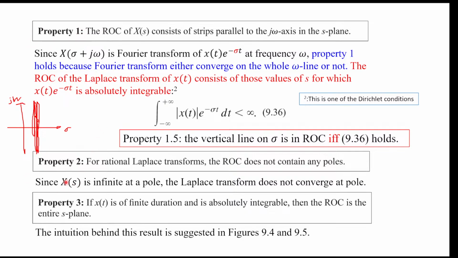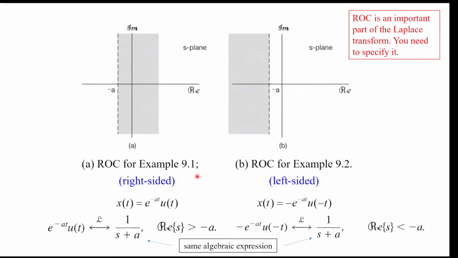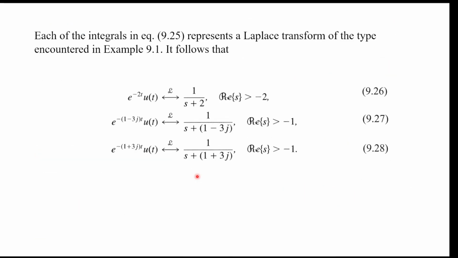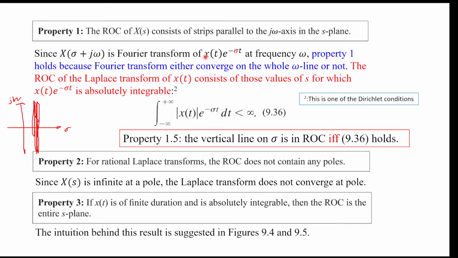And second property, now this is actually a very easy property to derive, but very useful. It says that for a rational Laplace transform, which has those zeros and poles, let's go back to a bit of a reminder. Remember we said that a lot of Laplace transforms are rational functions, and for the rational function we can plot those zeros and poles.